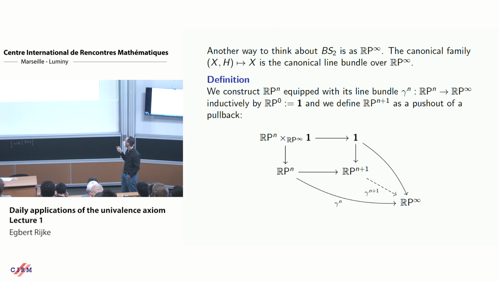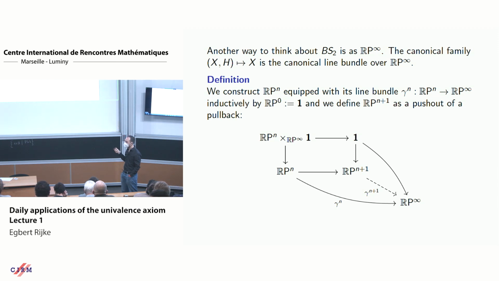And for RP^(n+1), we go from RP^n, which by assumption has the tautological bundle, which is a map into RP infinity, because that one classifies all the line bundles. We pull this back along it, and now of this pullback we form the push-out.